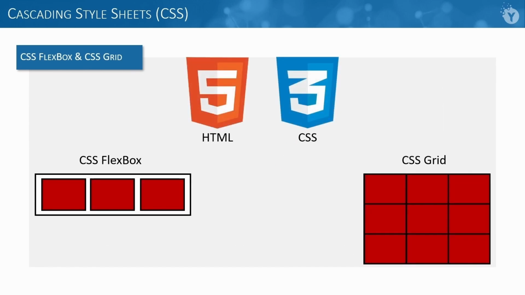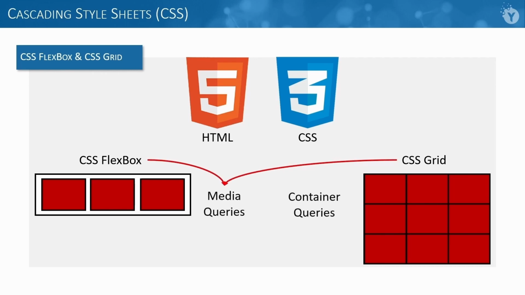Cue CSS Flexbox and CSS Grid, which came along with HTML5 and CSS3. These brought with them a whole host of features that web developers have been crying out for. They were super flexible and totally CSS based, so when combined with the media or container queries, the options for creating layouts were almost endless.